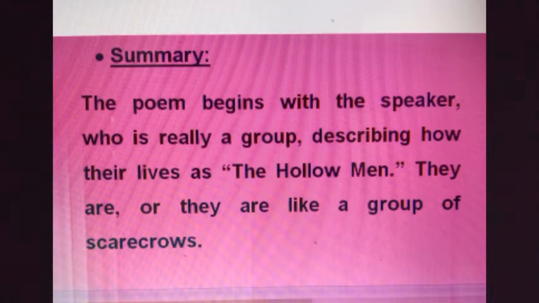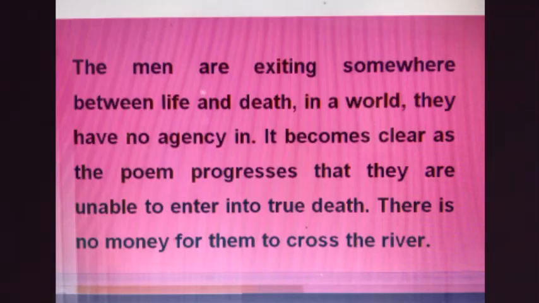The men are existing somewhere between life and death in a world they have no agency in. So these are helpless men. They appear like scarecrows. They are helpless.